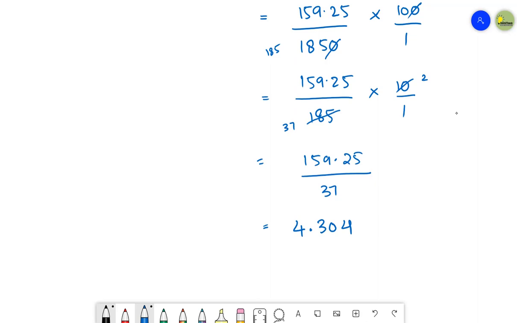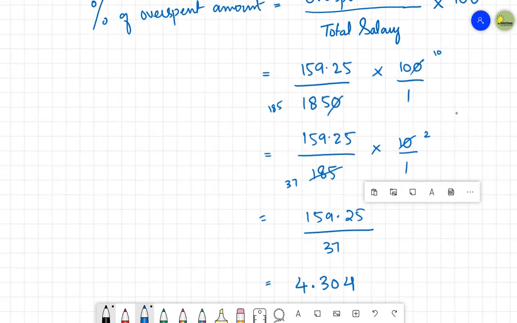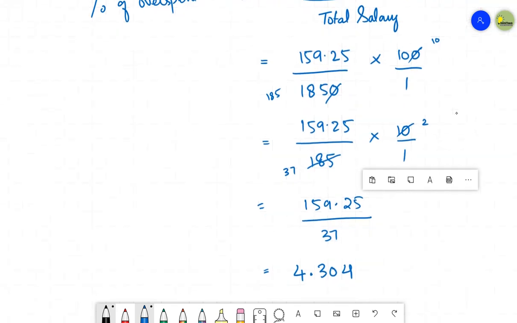So it is 1850 multiplied by 159.25 multiplied by 100 divided by 1850. I think this is not the answer. Let me do it again.